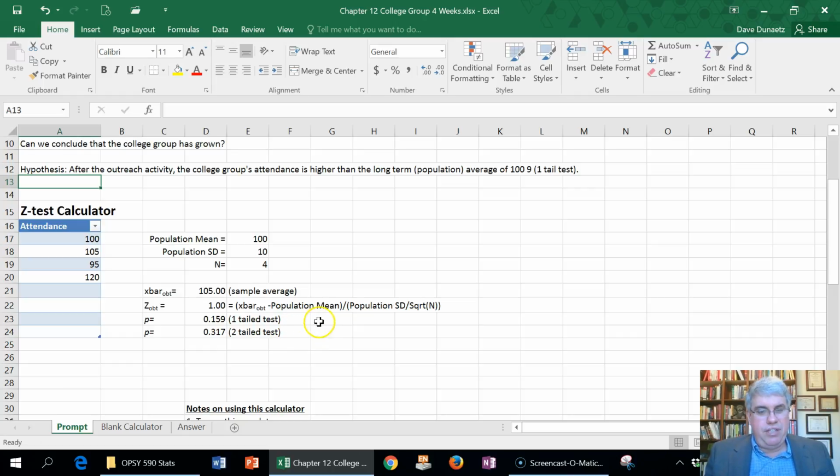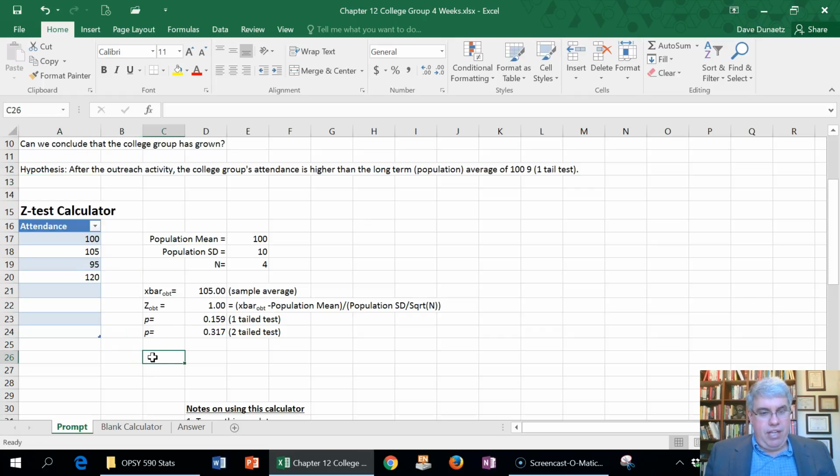That's like there's a 16% chance that we could have gotten an average of 105 in any 4 Sundays. So this p-value needs to be less than 0.05 for us to conclude that the null hypothesis isn't true, and that we found strong evidence for our main hypothesis. So we have to retain the null hypothesis.